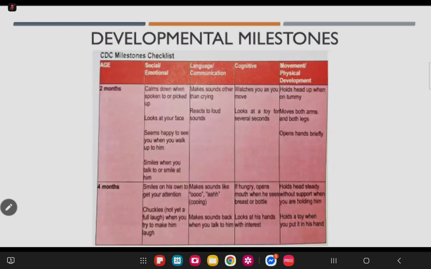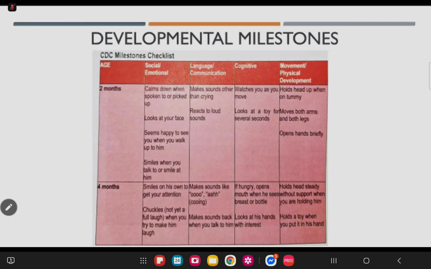At 4 months, the patient already chuckles, not yet a full laugh, but just a chuckle, makes sounds like ooh and ah. This is what you call cooing. Okay. Also the control of the head is more steady, even without support when you are holding 4-month-olds, and they already hold a toy when you put it in the hand.